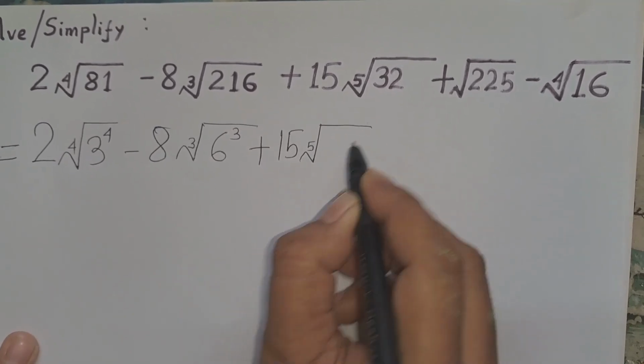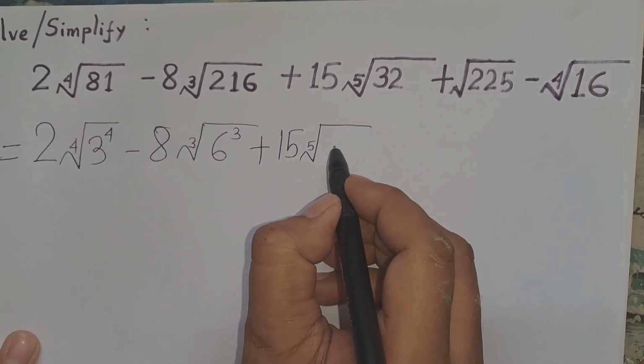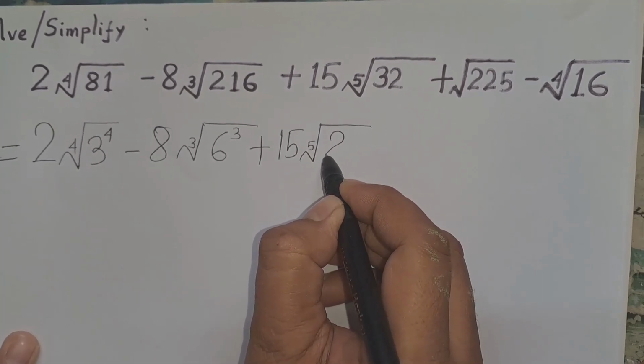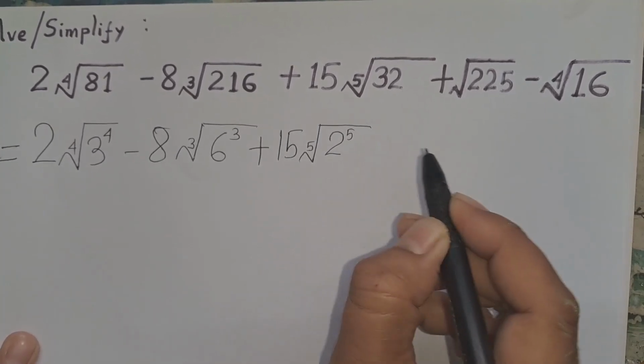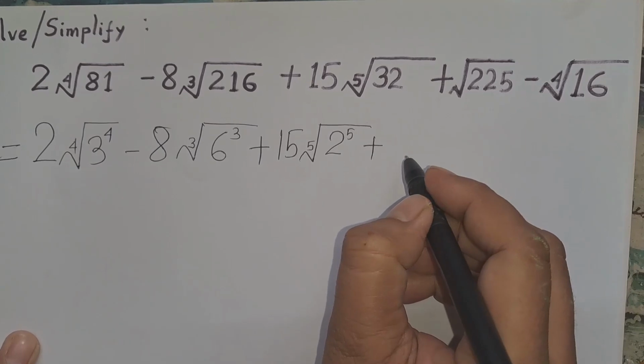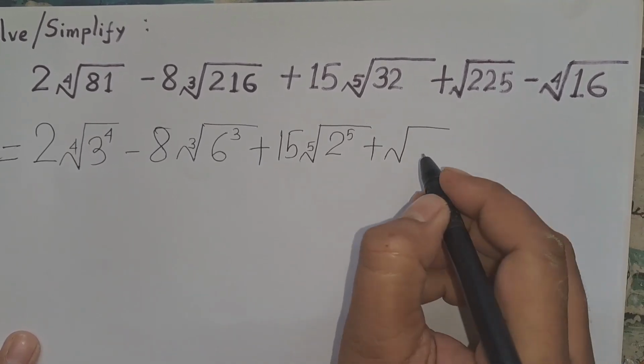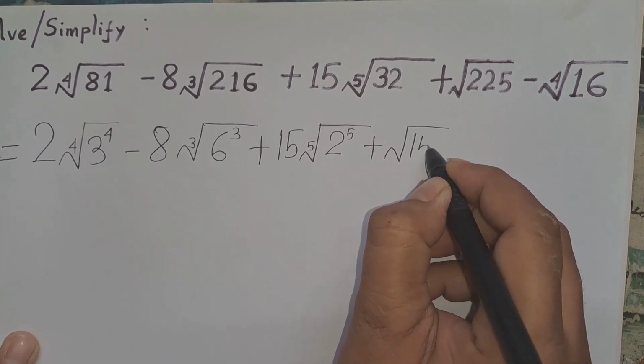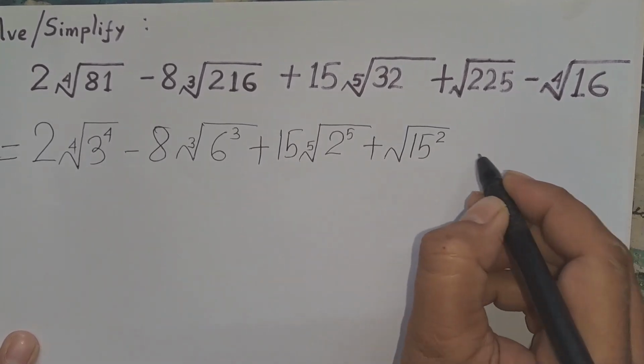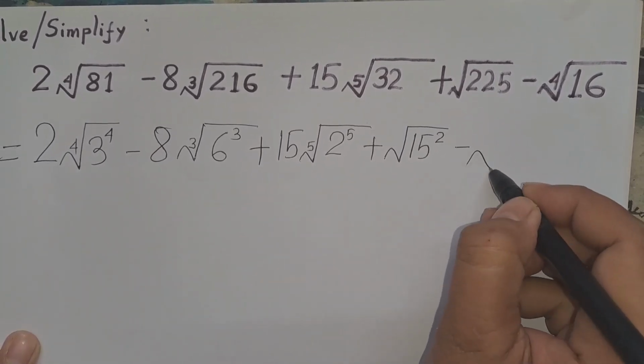Sorry for the vibration of the camera. Just compromise with it. 5th root of 32, that means 2 to the power 5 is 32. Why am I making all these like this? Just to cancel the 5th root, cube root, 4th root, etc.